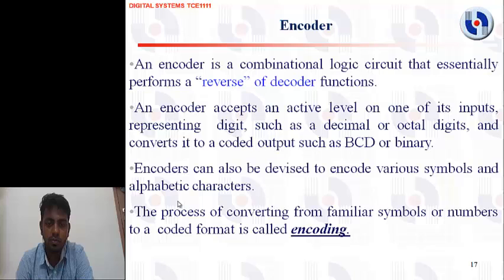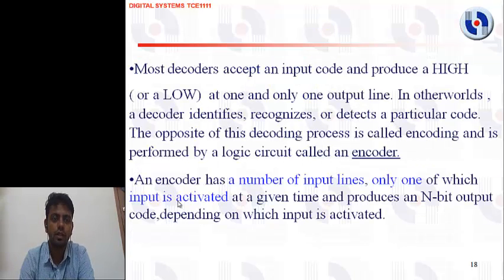Encoders can also be devised to encode various symbols and alphabetic characters. The process of converting from familiar symbols and numbers to a coded format is called encoding. Most decoders accept an input code and produce a high or low at one and only one output line.